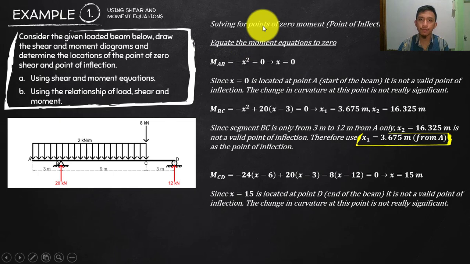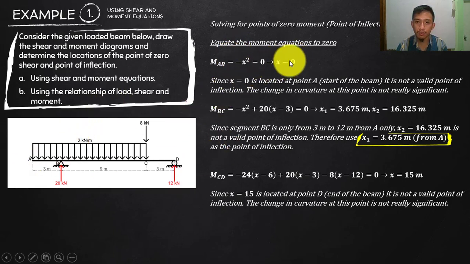Next, we solve for the points of zero moment. That is your point of inflection. I will explain that one later. So equate the moment to 0. We only have these three moments here. First, equate the moment at AB to 0.